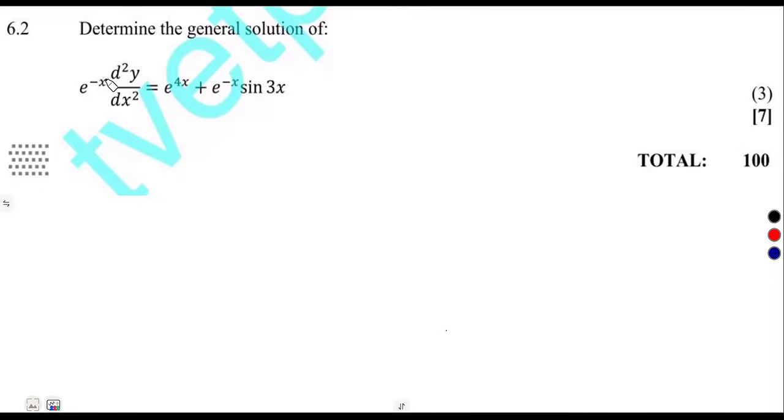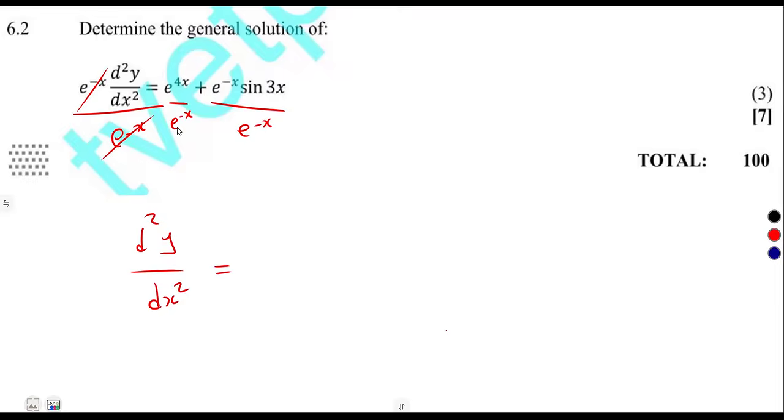But we can see that before we do our integrals, there is an e to the exponent of minus x, which is disturbing. So we have to divide by this throughout. Divide by e to the exponent of minus x. With the same base, we subtract the exponents, so minus becomes a plus.